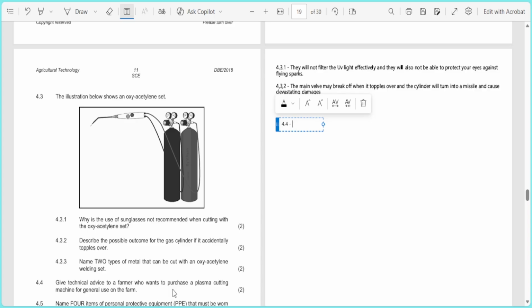So I would advise the farmer to consider buying a machine according to the thickness of metal to be cut.